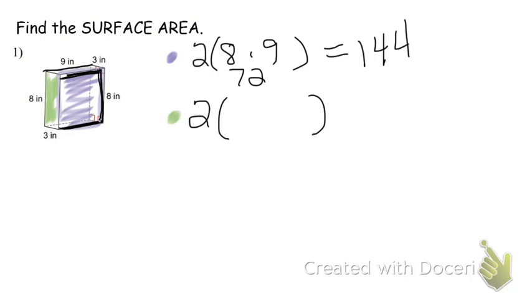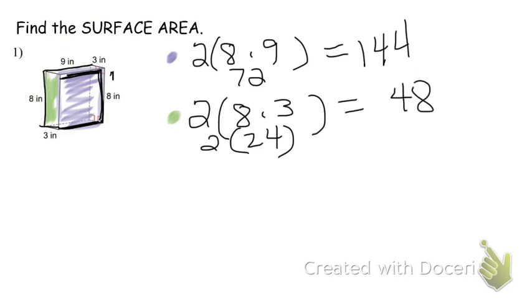You have this side on the left and there's a match on the right over here on this side. Okay, so what 2 numbers? That one's pretty clear. That one's going to be 8 times 3. 8 times 3 is 24, but you have a match on the other side, so 2 times 24, which is 48.